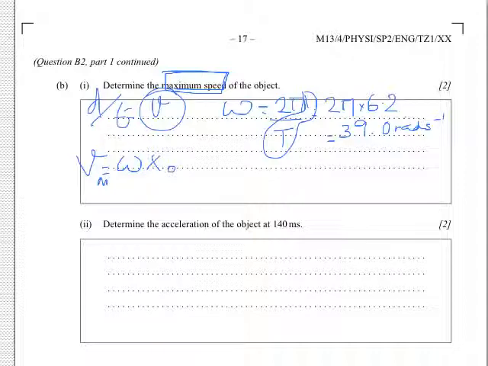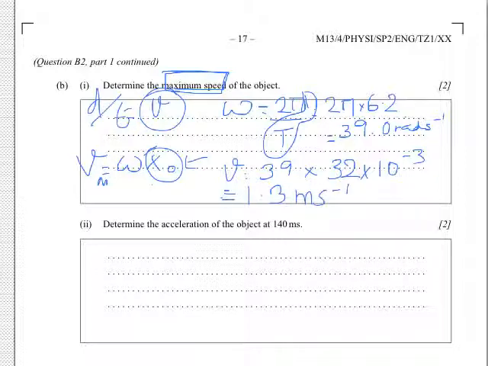And from this relationship here, we just multiply the angular velocity, 39, times the maximum, which was 32, this was the amplitude, times 10 to the minus 3. And that gives you an answer of approximately 1.3 meters per second.